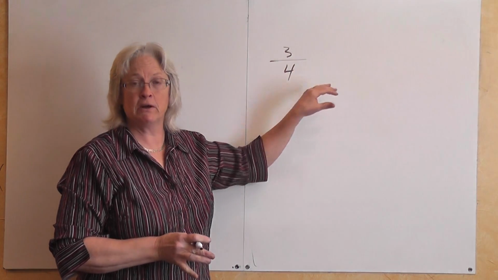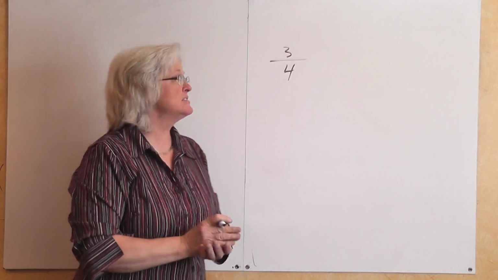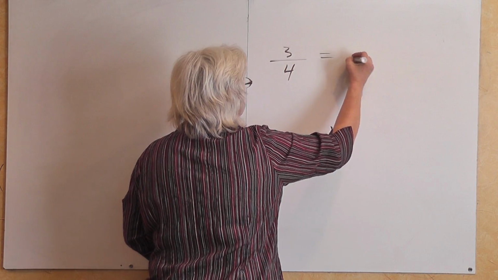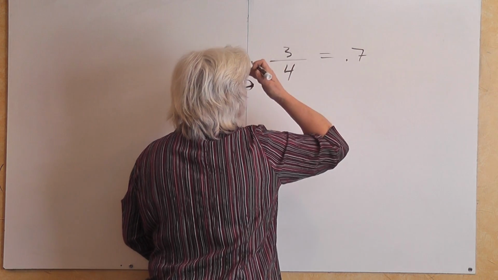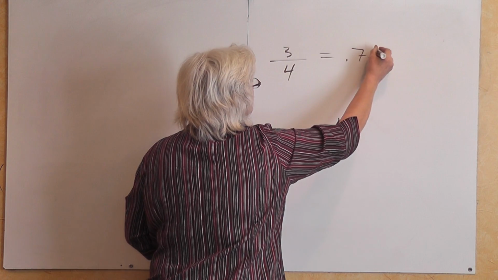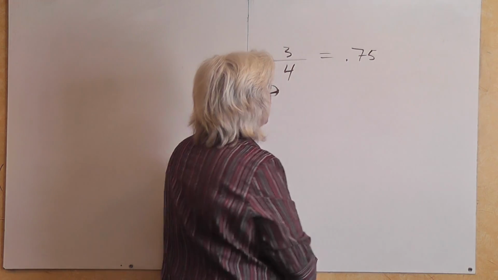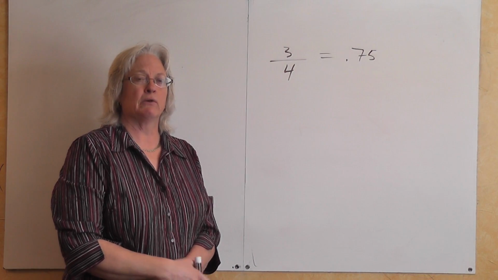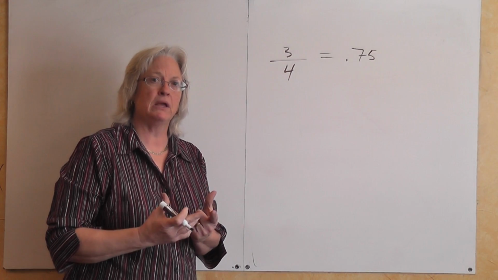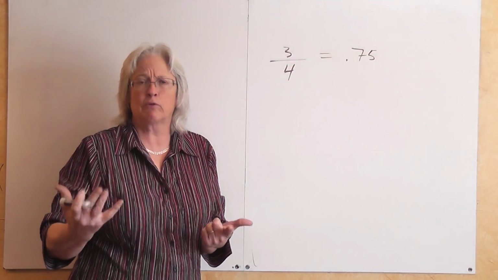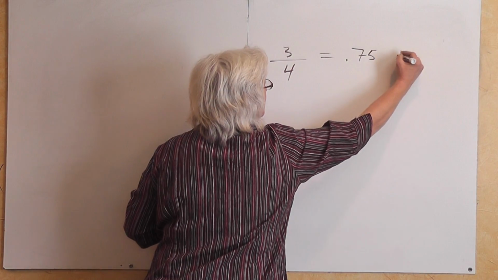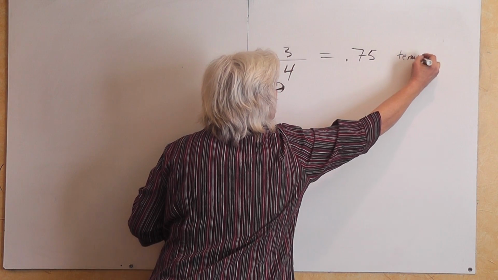Numerator divided by denominator, and when that divides out, the decimal representation divides out evenly, okay? And rational numbers could also be an example of a repeating decimal. This here is what we call a terminating decimal.